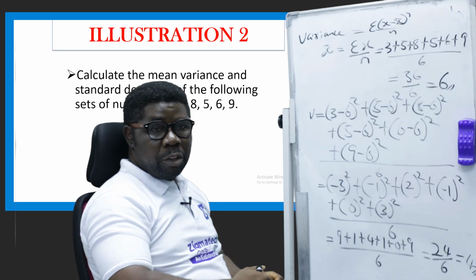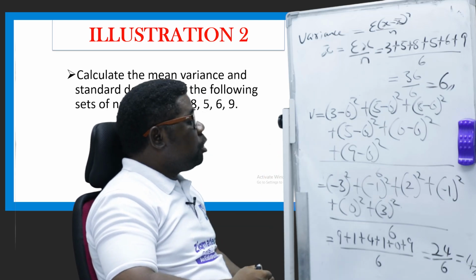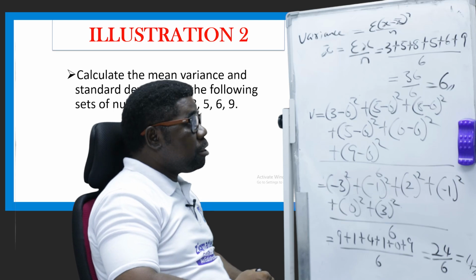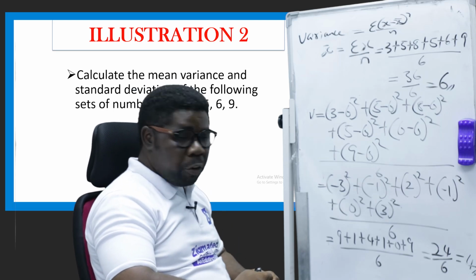So you have got your variance. Now, what is the standard deviation of this observation?